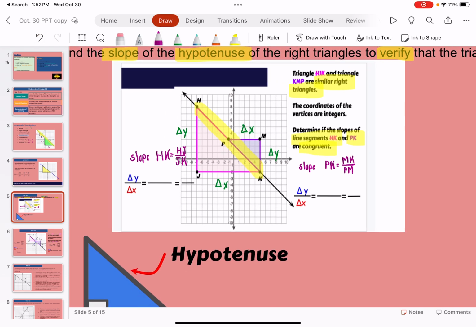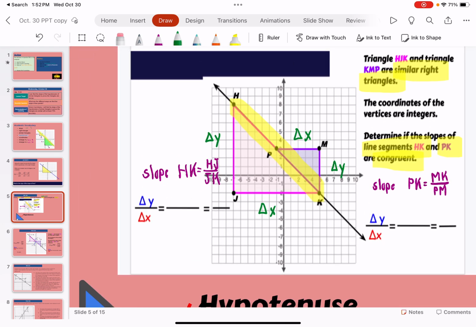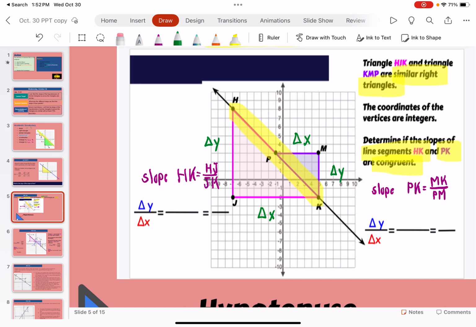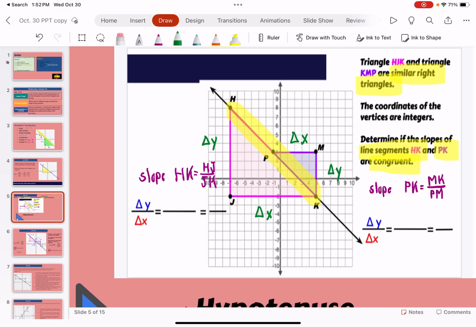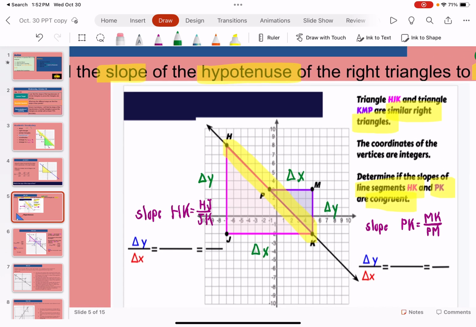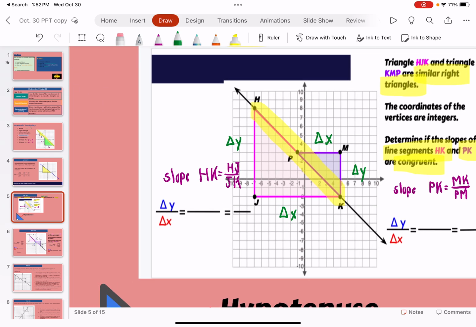Okay, so I'm gonna count from H to J how many units or how many boxes are in between. So I noticed that in class, a lot of people messed up on this. So I'm gonna do this example with you guys. So this is the first box. 1, 2, 3, 4, 5, 6, 7, 8, 9, 10.